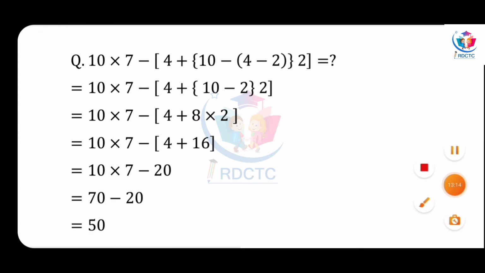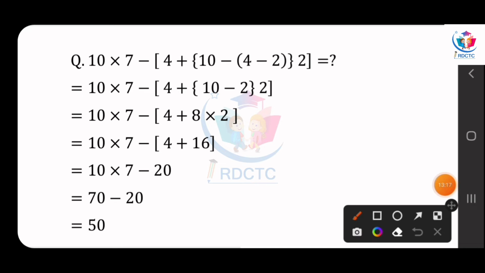Okay, let's solve the question. First we have to do the first bracket. We write here all the numbers, then I subtract 4 minus 2 and we get 2 here. Okay, now we have to solve the second bracket. 10 minus 2 equals 8. Now here I write 8. Now we solve the third bracket. Here two symbols are present, that is plus and multiplication.